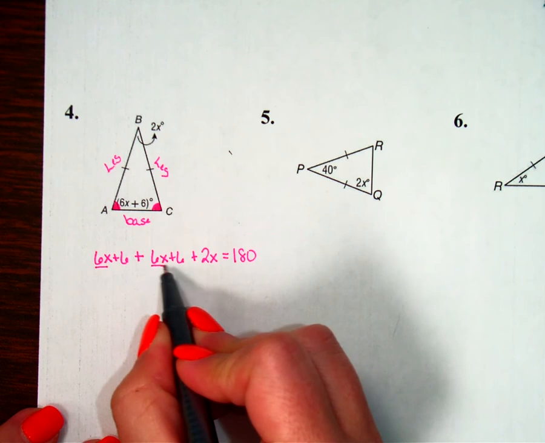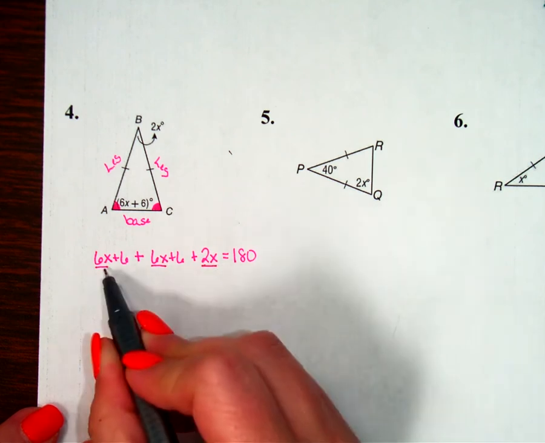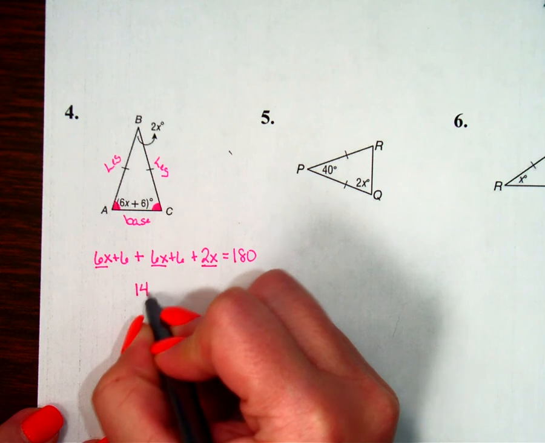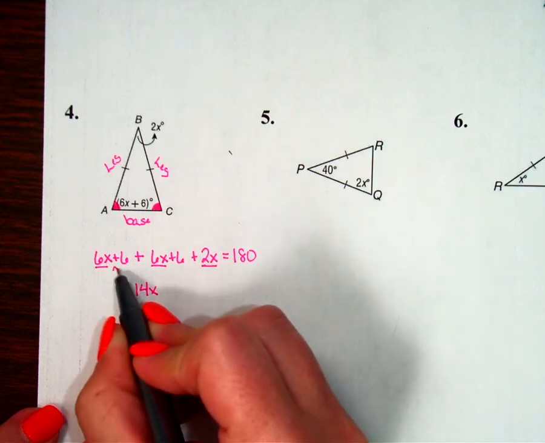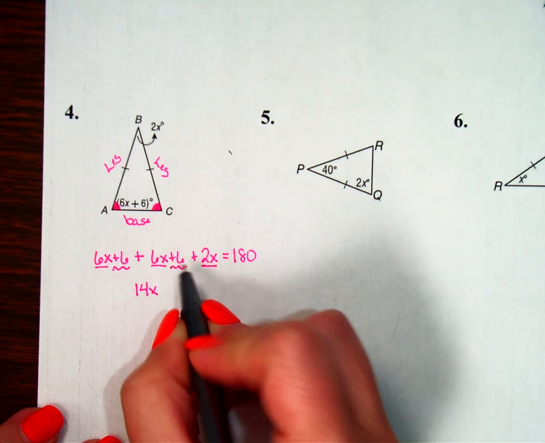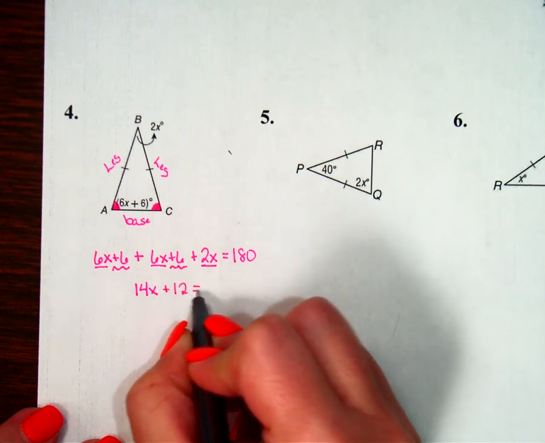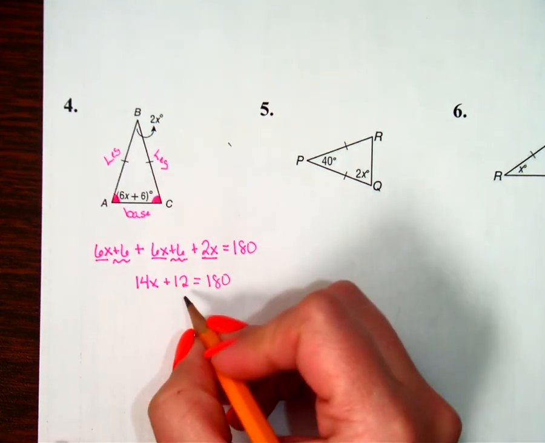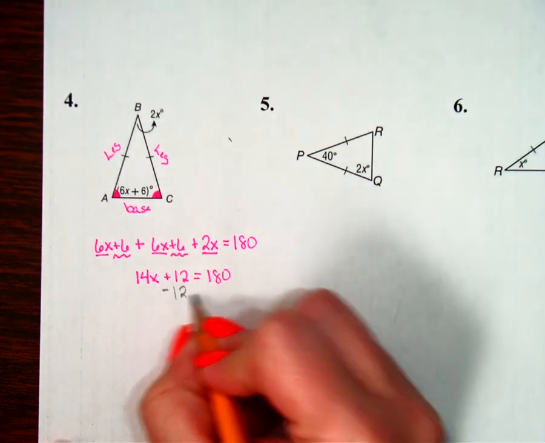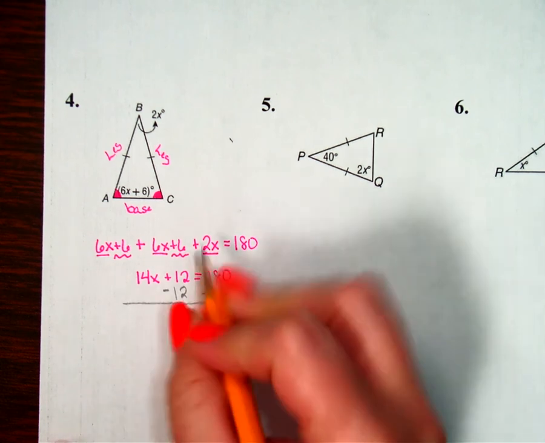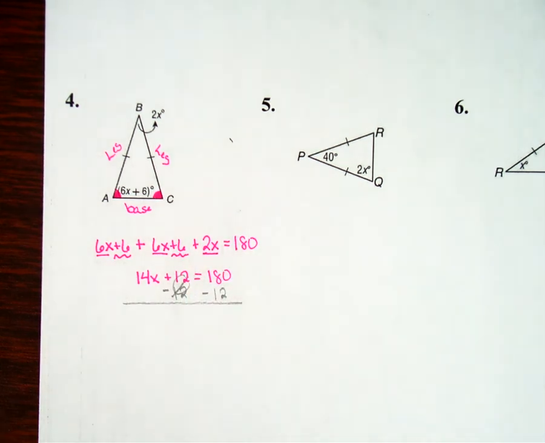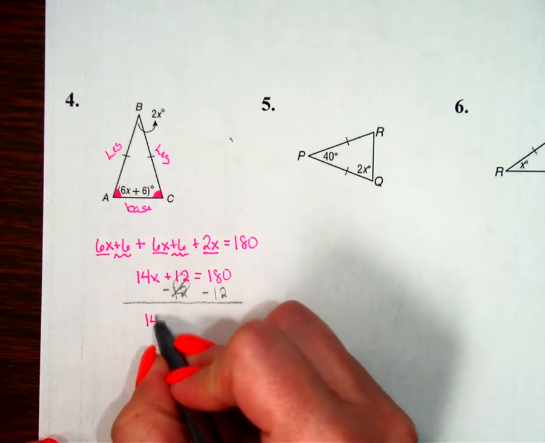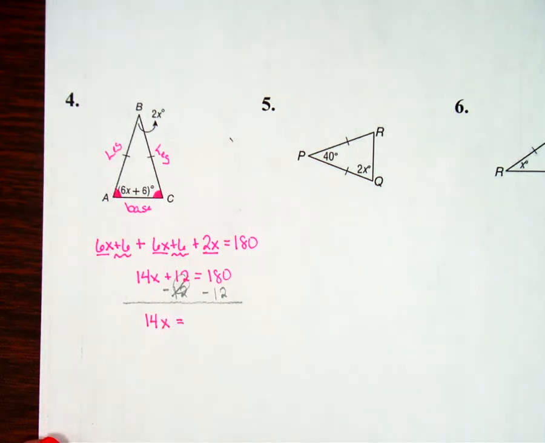Let's combine our like terms. I've got 6x plus 6x plus 2x, so that's 14x. Then I've got a 6 and a 6, so that's plus 12 equals 180. I'm going to use my subtraction property of equality to subtract 12 on both sides. When I do that, I end up with 14x equals 180 minus 12, which is, I believe, 168.